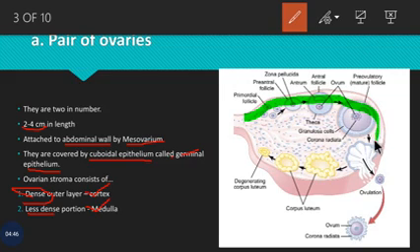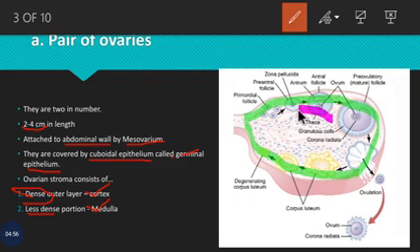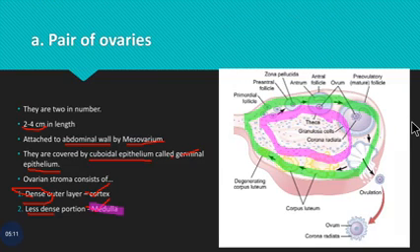We can see different types of follicles growing here, right? Inside this, the middlemost region of the stroma, where other cells and matter are present, is called the medulla. So these are the pair of ovaries present in the human female.